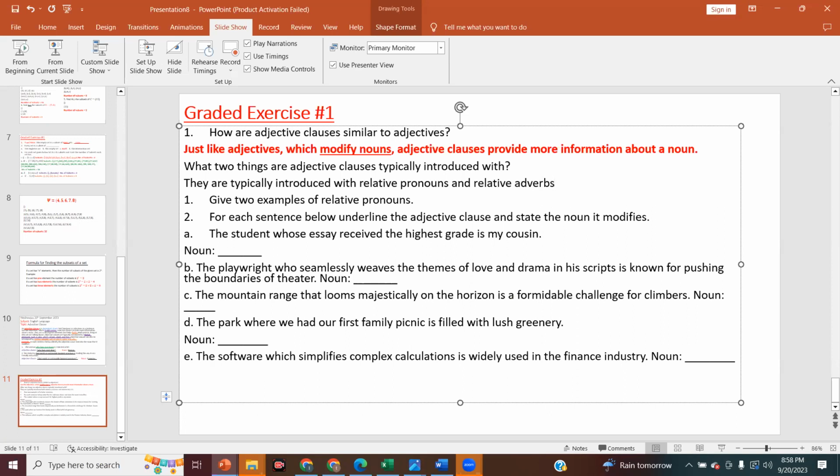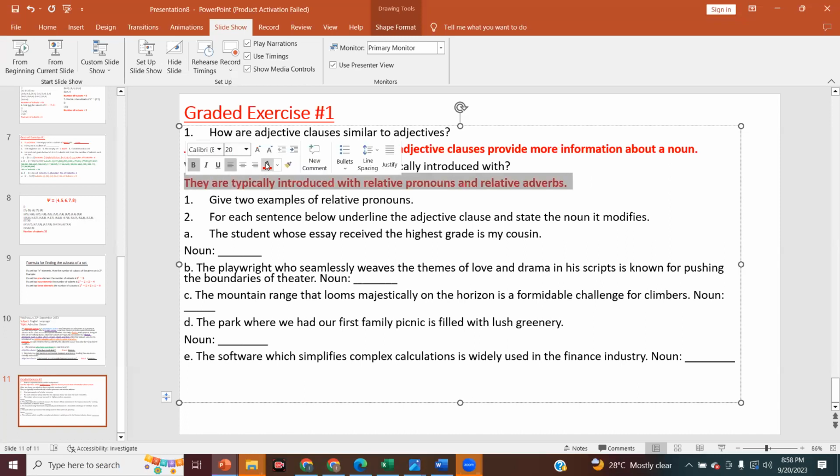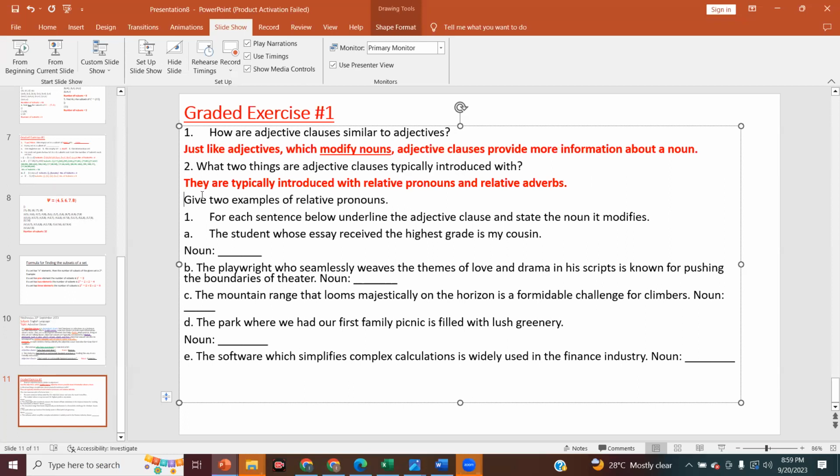All right. Now the moment of truth, where we have to actually talk about number 2. Oh, one more question. Give two examples of relative pronouns. Whom and what else? Who. Whose. Whom and whose, yes, that's right. What else?